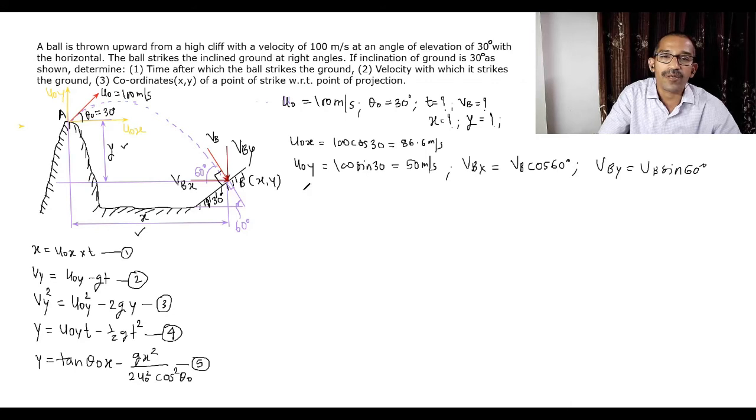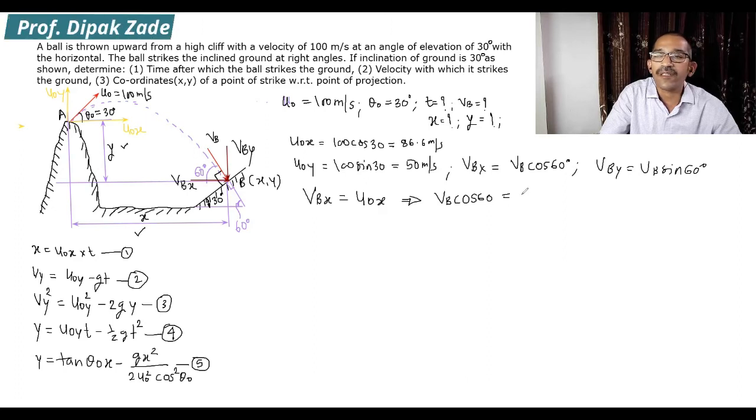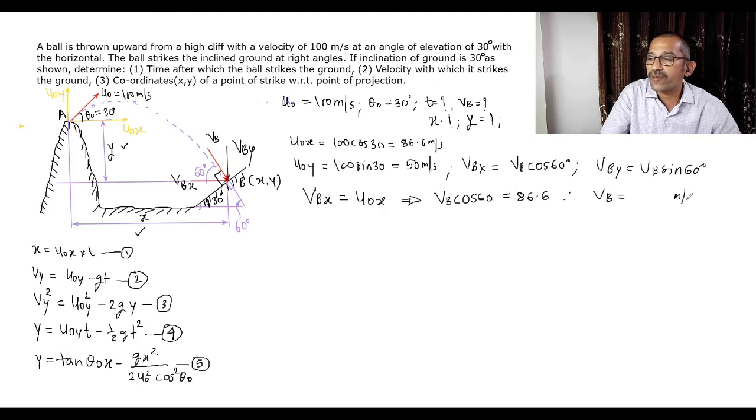That means you can see your VBX, horizontal component, equal to U0x. Now VBX is VB cos 60, and U0x we calculated, it is 86.6. That means now using a calculator, we'll get VB in meters per second, which comes out to be 173.2 meter per second.